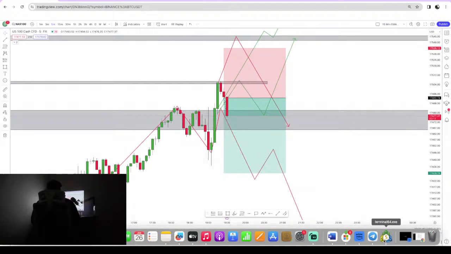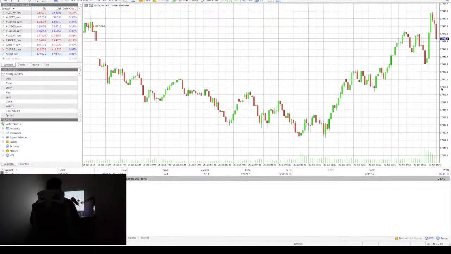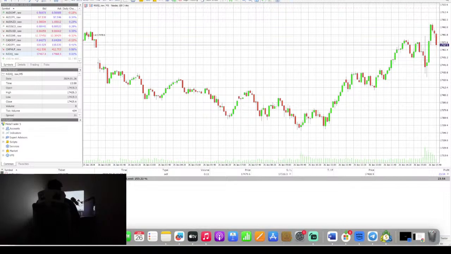Okay, so it is quite well in our range. Let's see. So this is our position running right now. I have placed the stop loss. Let's see if we get an opportunity to do pyramiding today.